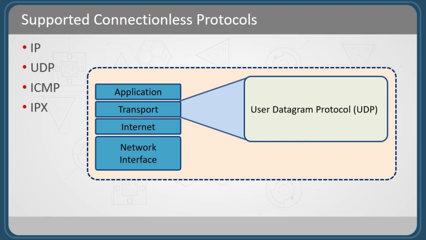Now, it still operates at the same layer as TCP. They are both transport protocols. So again, it's still moving the data from one place to another. It is simply the fact that those rules are not really implemented in the connectionless protocol.